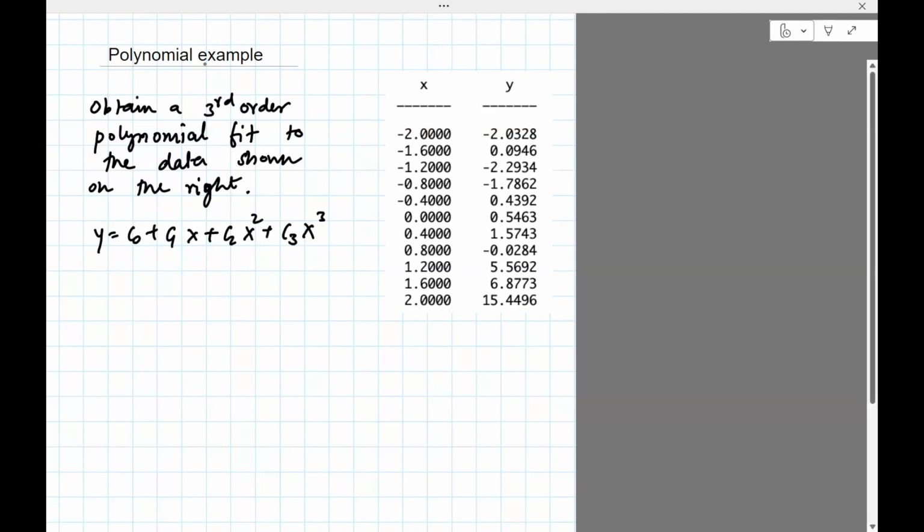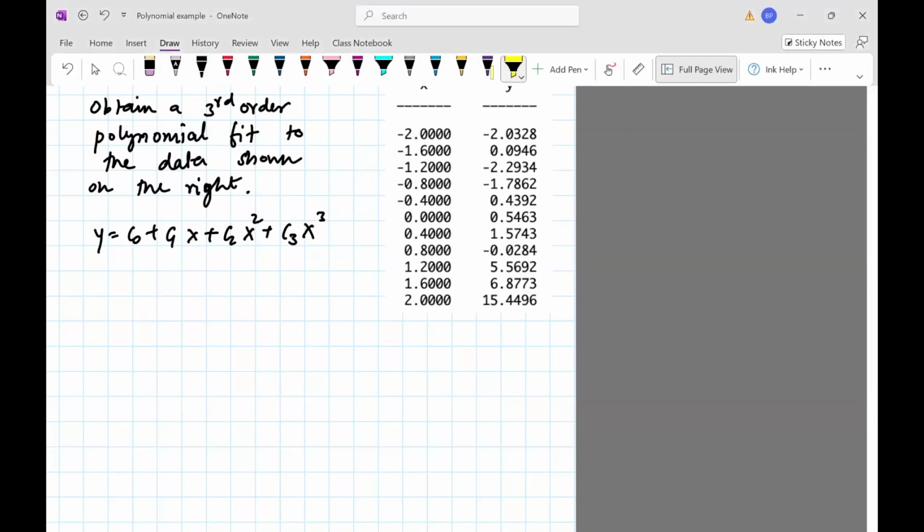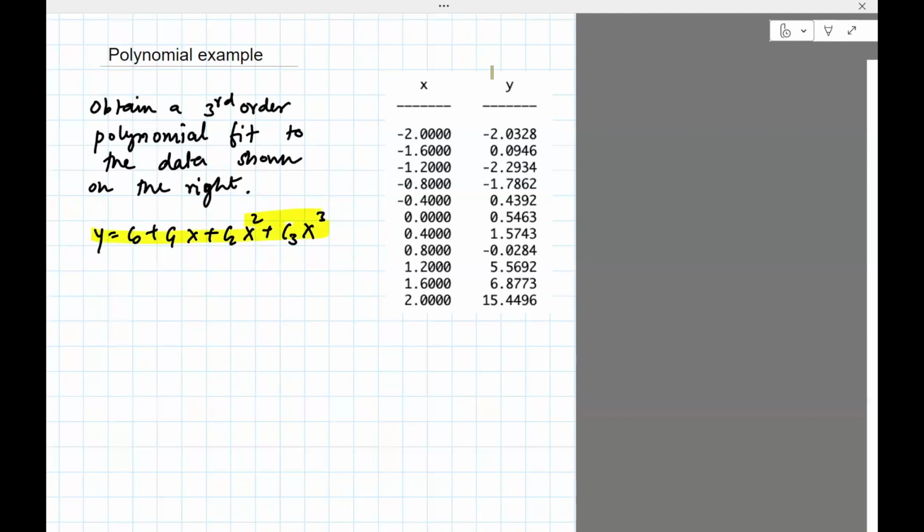Okay, so we are after this polynomial. That's what we want to fit.